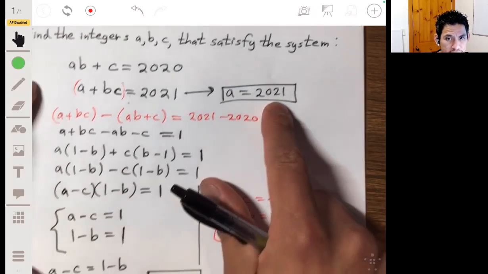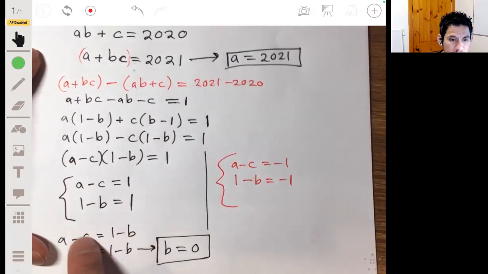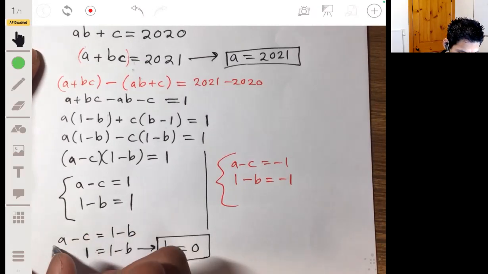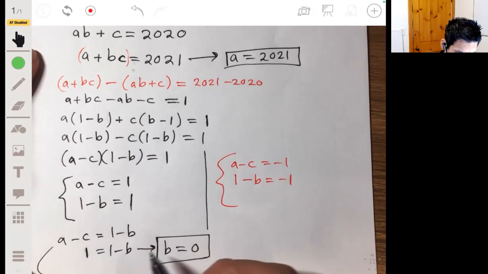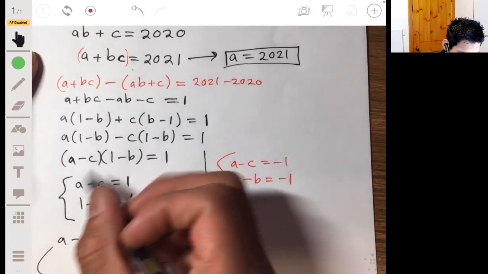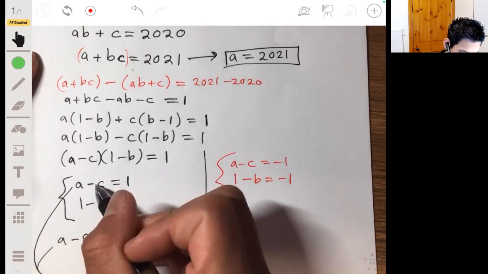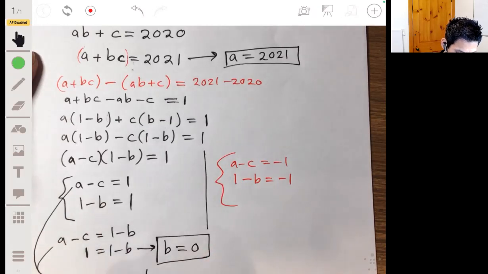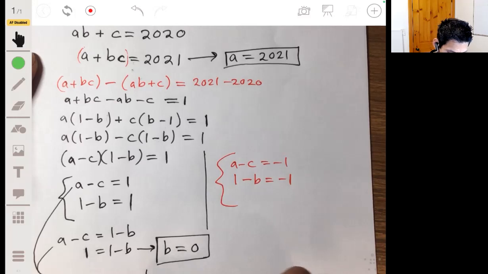And now since a is 2021, we have 2021 minus c is equal to 1. So then c is going to be equal to 2020.